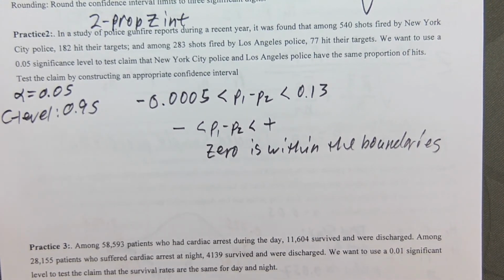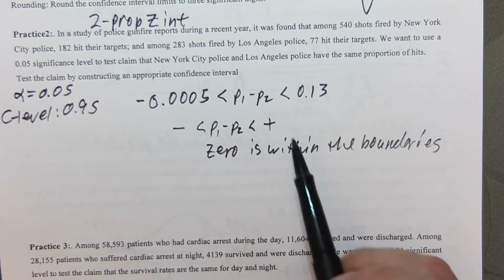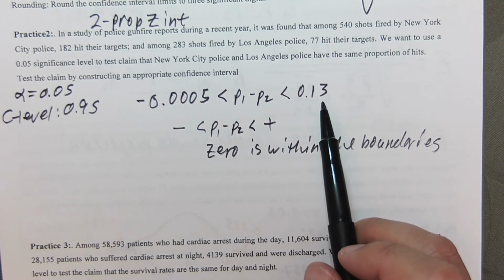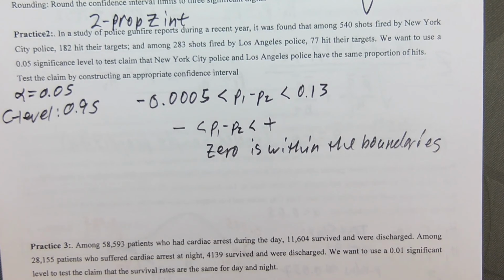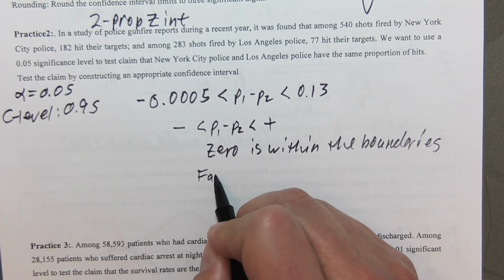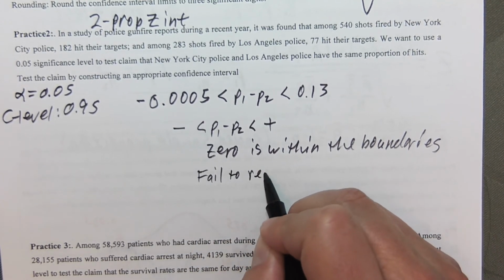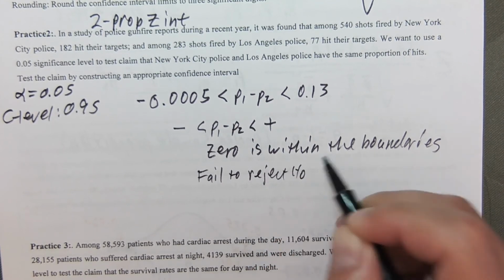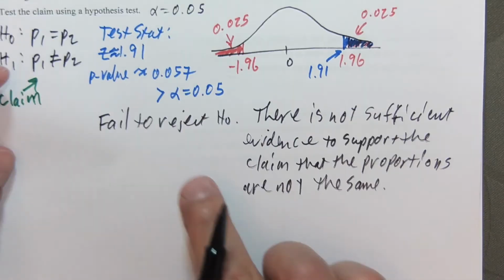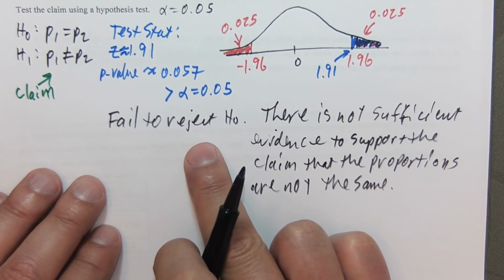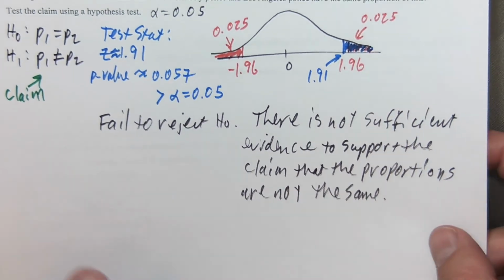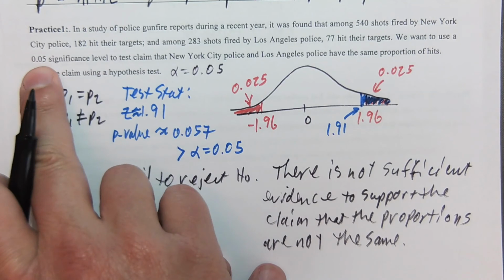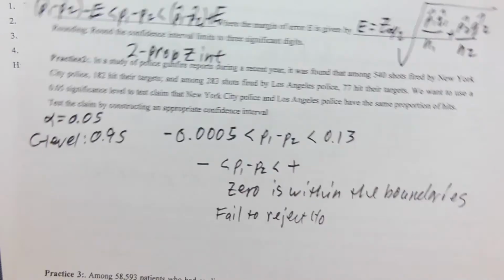And so we could still come to the same conclusion. If it was outside the boundaries, then we would reject the null hypothesis, but we're going to fail to reject it again. And once again, that is the same conclusion that we came to on this one as well. And rightly so, it's all the same data, it should all jive. And the same significance level has to be held as well.